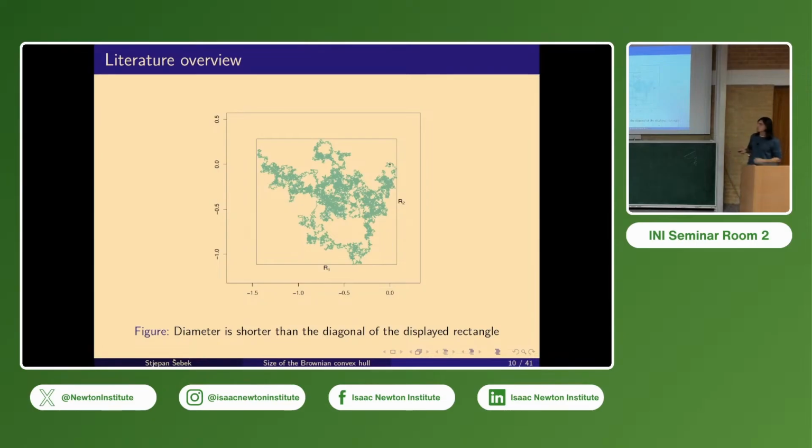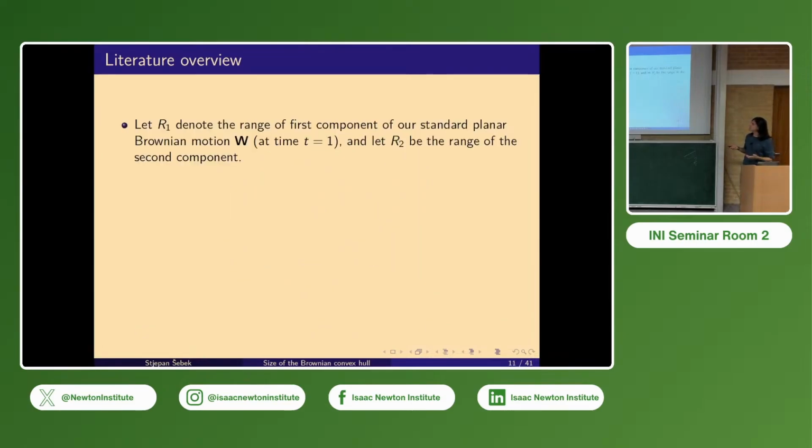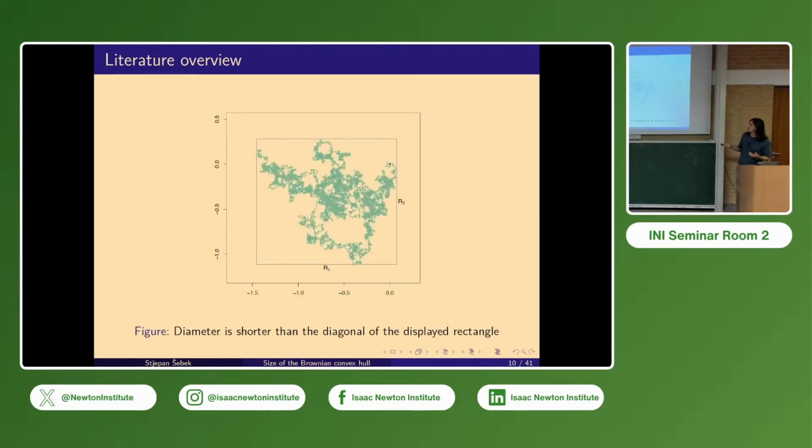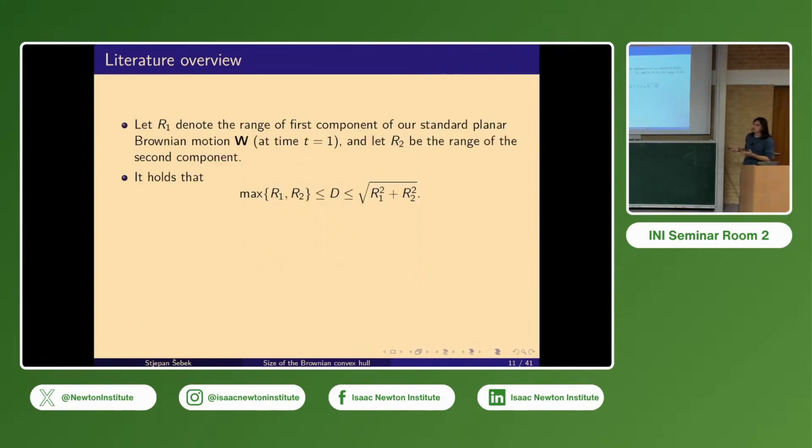So just these two trivial observations led them to the conclusion, if we use these notations from the pictures, R1 for the range of the first Brownian motion and R2 for the range of the second, that our diameter is definitely bigger than the maximum of R1 and R2 and smaller than the diagonal. The diameter of this trajectory is definitely smaller than the diameter of the rectangle into which we fit this trajectory, and the diameter of this rectangle, of course, is just its diagonal. Okay, so this is what they started with.